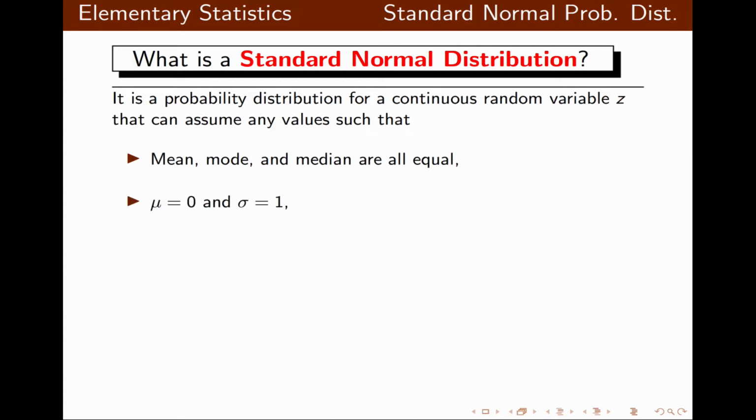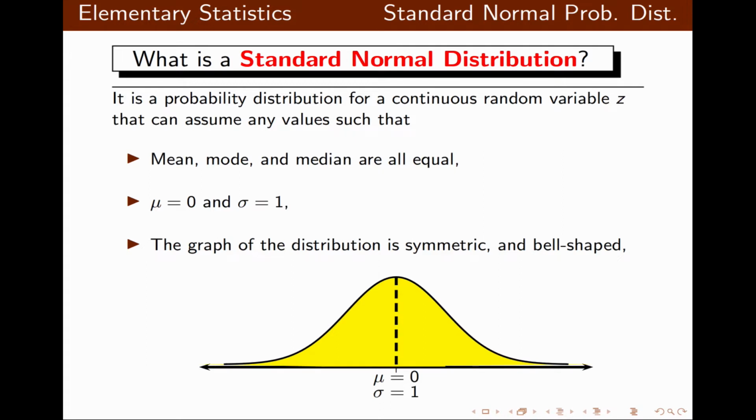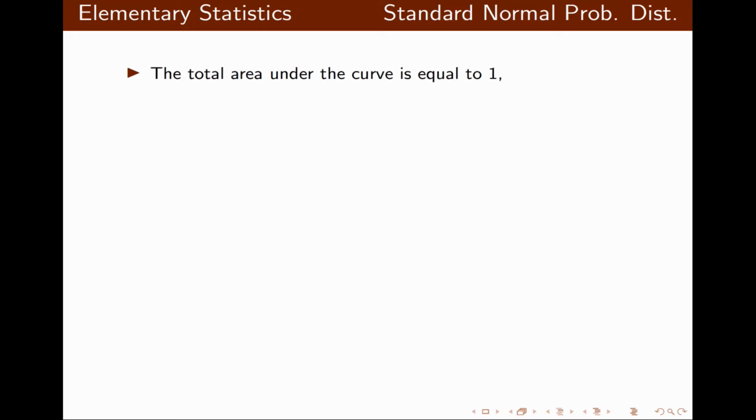The mean is 0 and the standard deviation is 1. The graph of the distribution is symmetric and bell-shaped. The total area under the curve is equal to 1.